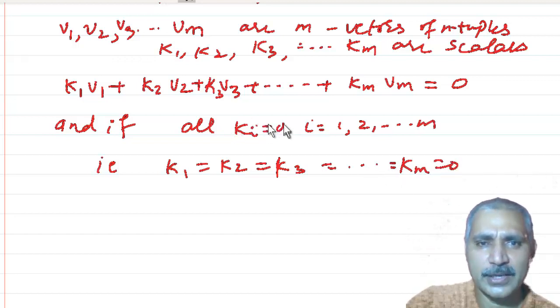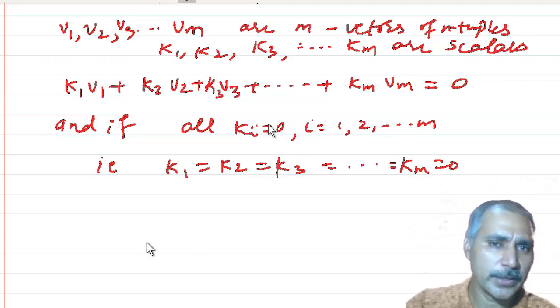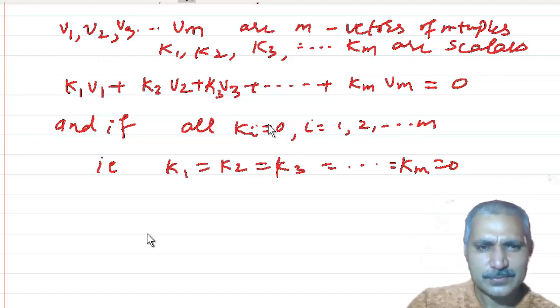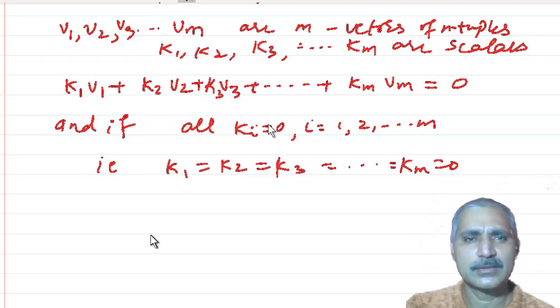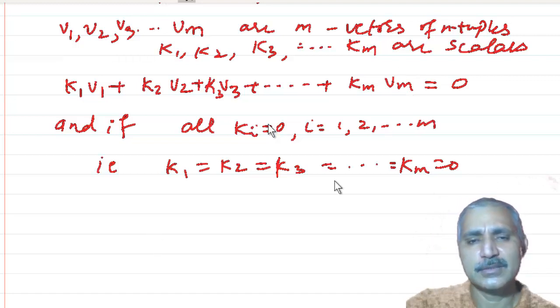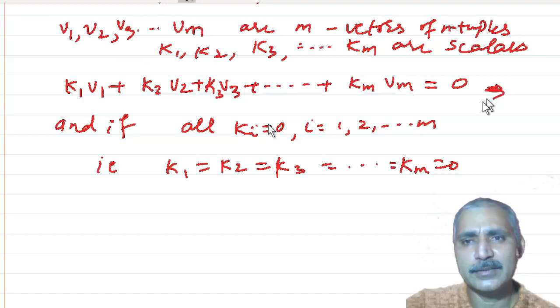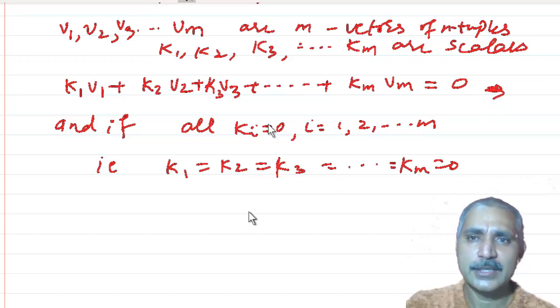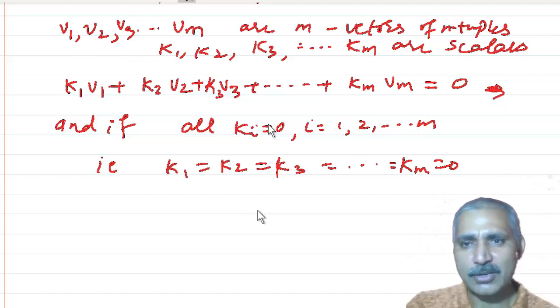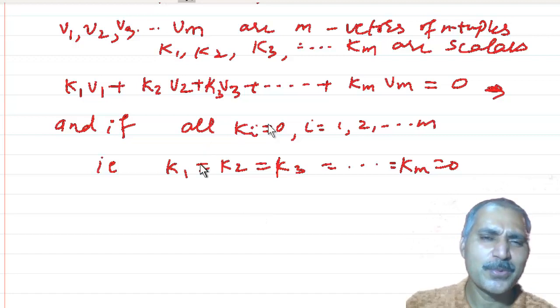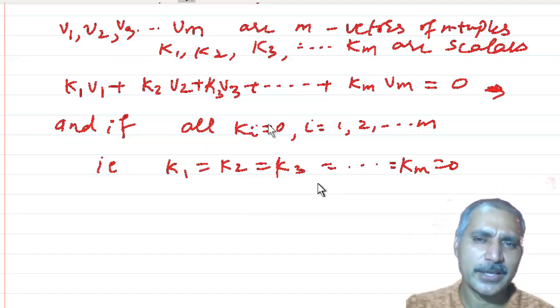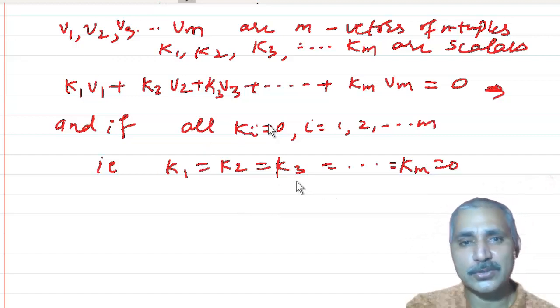Here we will write all ki is equal to 0 for i is equal to 1 to m. Now, suppose by solving the equation which we will get from here by evaluating that, comparing with the elements order wise. Now, suppose any of these given k1 to km becomes non-zero.